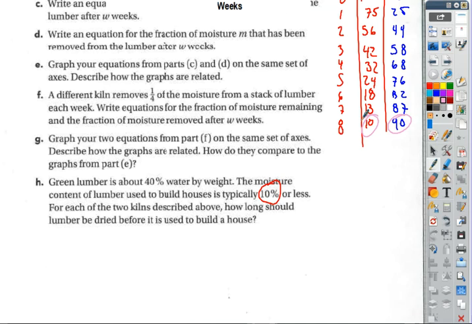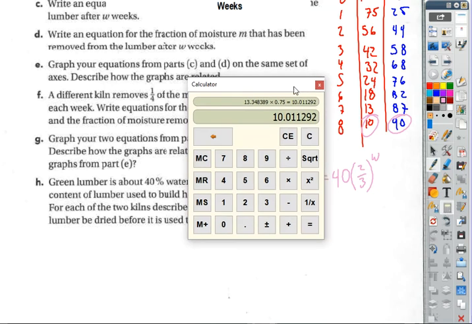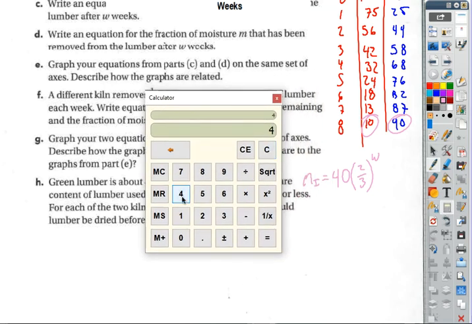Great. So that means in my equation, I have 40 times 2/3 to the W power, I'm using the first one. All right. So 40% of weight times 0.6 repeating. That's going to be after 1 week.